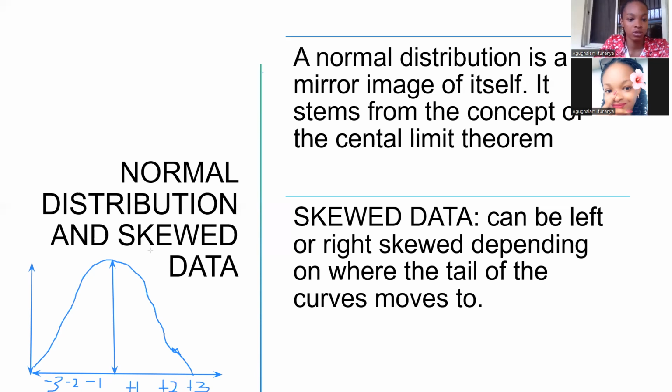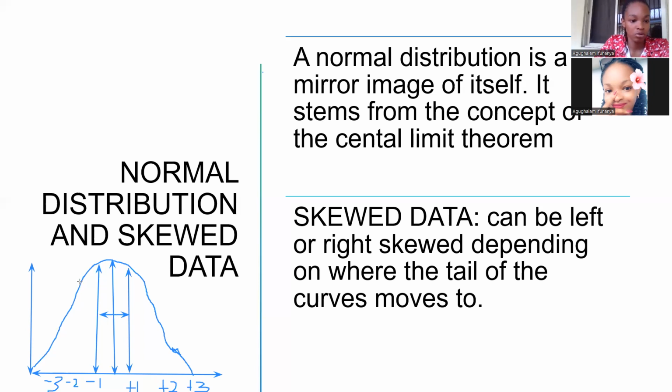Let's go back to our drawing. We said from -1 to +1, 68% of our observations fall within 1 standard deviation away from the mean. It could be below or above the population mean. Change color, let's use red.